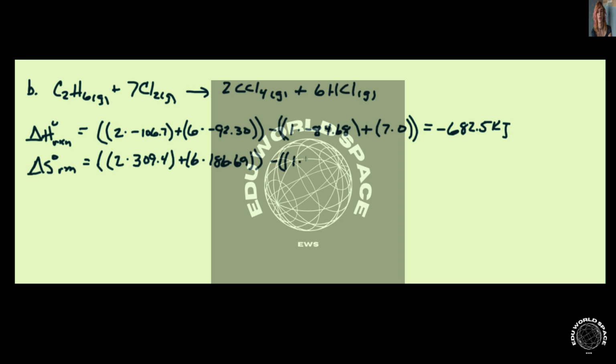And so the C2H6 is 229.5. And our chlorine is going to be 222.96. Remember, the answer here is going to be in joules per Kelvin. We want it in kilojoules, so we're going to divide by 1,000.